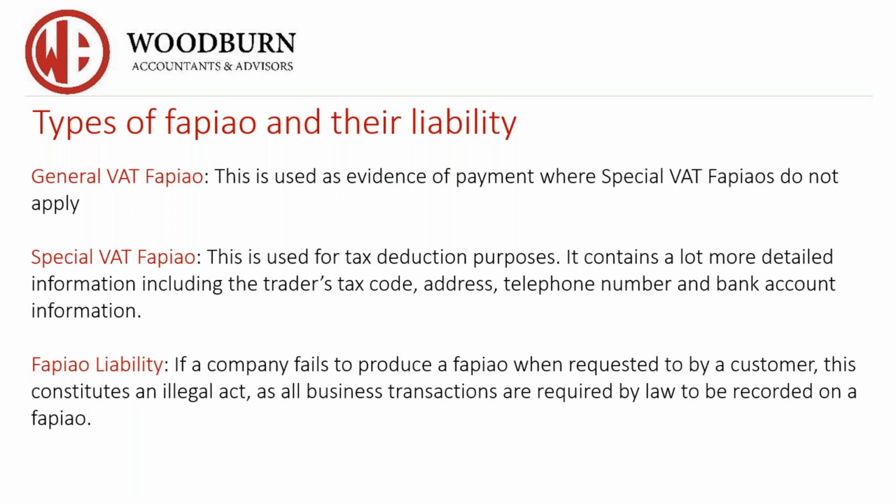And the main difference between the two is that the special VAT Fapiao can be used for tax deduction purposes, while the general VAT Fapiao cannot. This is why I said, as a small scale taxpayer, you can only issue general VAT Fapiaos. If who you are selling to is also a small scale taxpayer, then they will also only need a general VAT Fapiao because they anyhow won't be able to deduct the VAT.